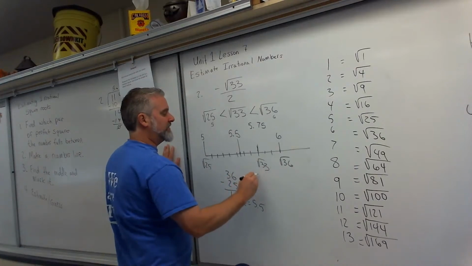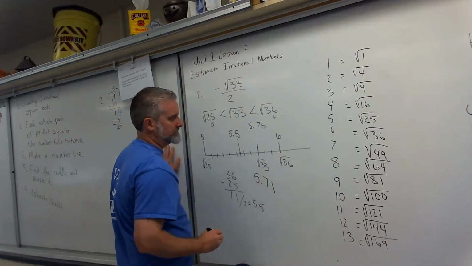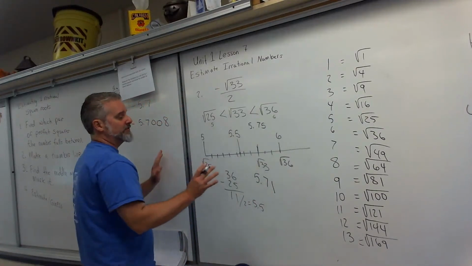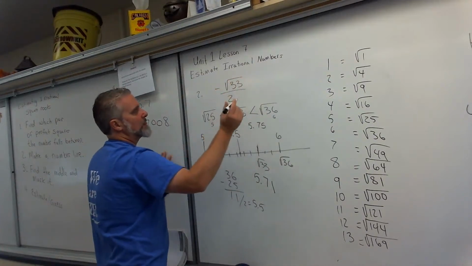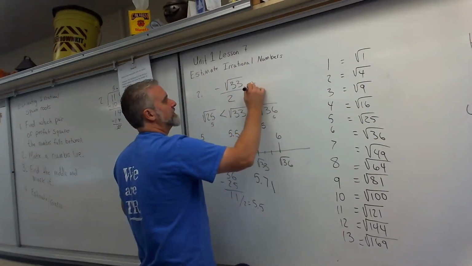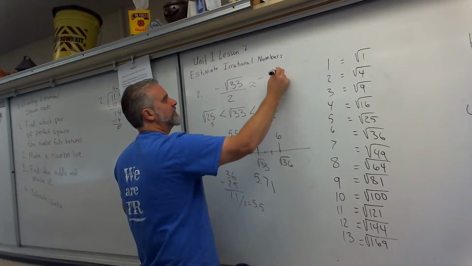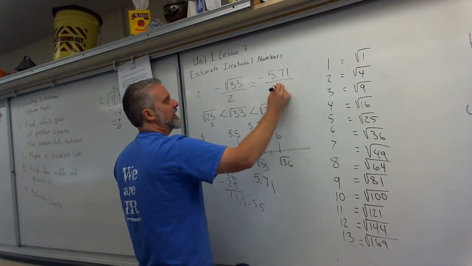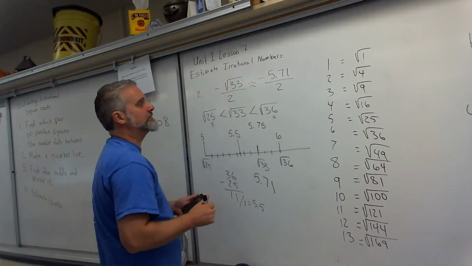So I'm going to make my guess of 5.71. All right, so now I need to take this and replace up here. So I'm going to go ahead and write this up here. Negative 5.71 divided by 2. So now I'll use my calculator to do that.